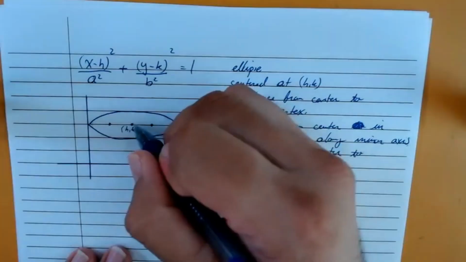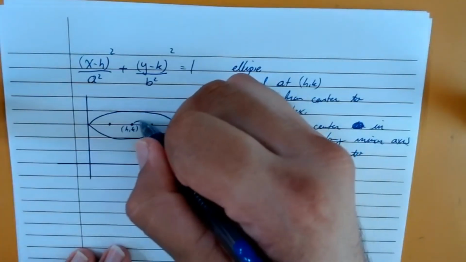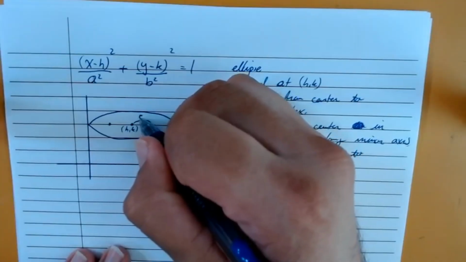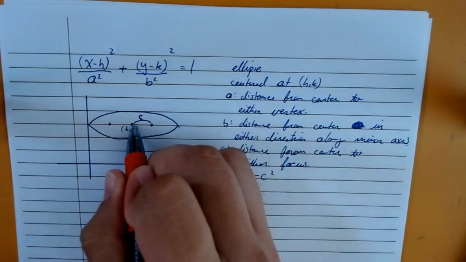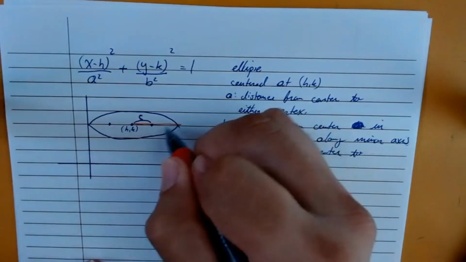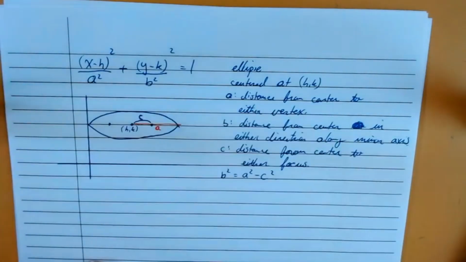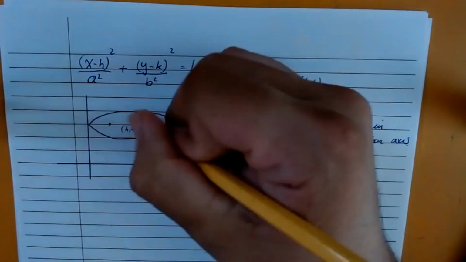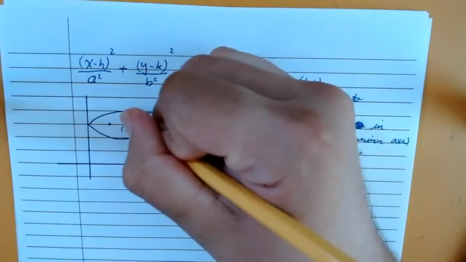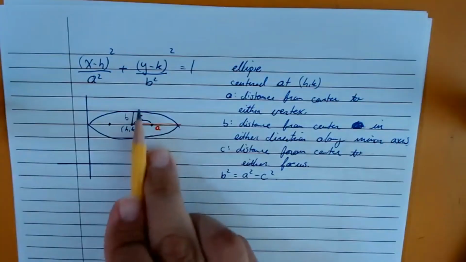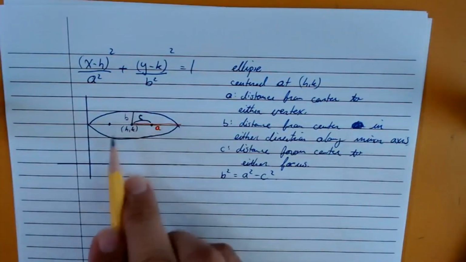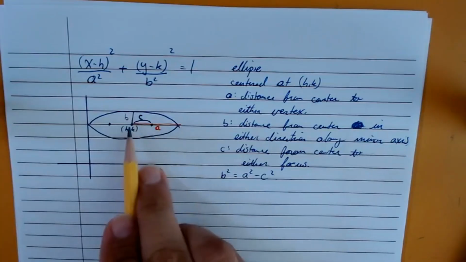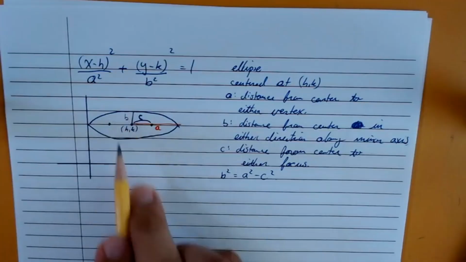The distance from here to here or here to here will be c. The distance from the center out to the vertex, that will be a, and the distance from the center up along the minor axis, that'll be b. So that's your a all the way across, that's your b all the way up, and that's your c. And of course your b is also down, your a is also to the left, and your c is also to the left. So everything's symmetric.